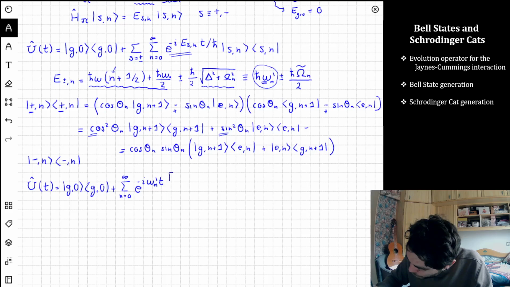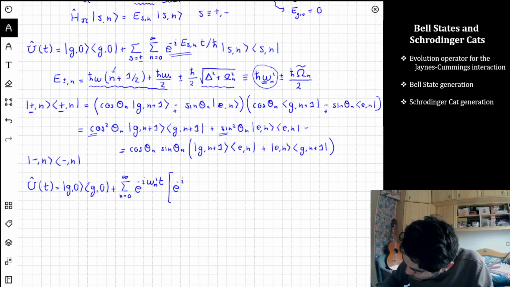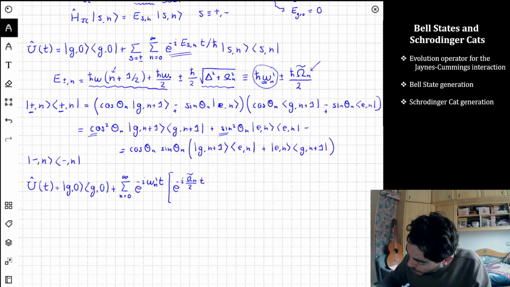And now we will have the two possibilities. We would have e to the minus i omega n divided by 2, which is this term here, t, and now plus n plus n, plus the complex conjugate of that, e to the i omega n divided by 2 t, and now minus n minus n.